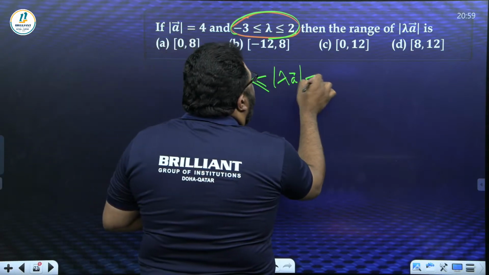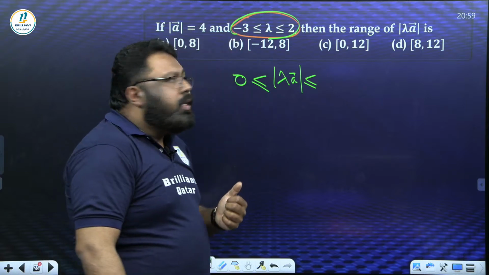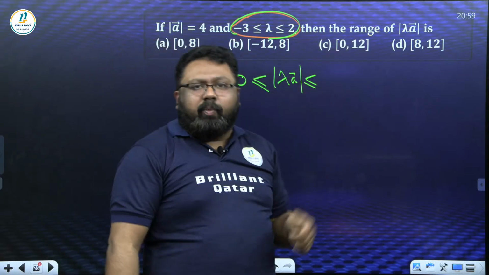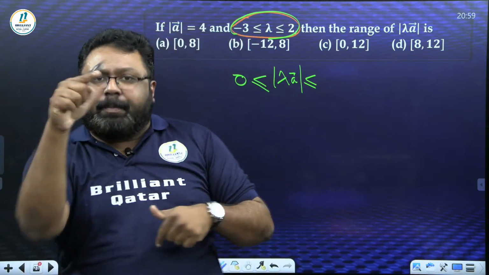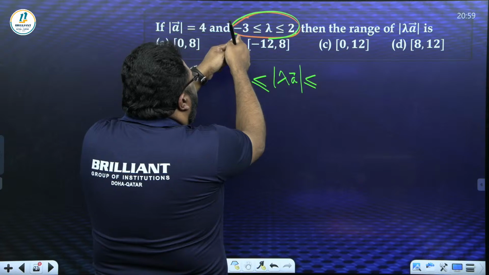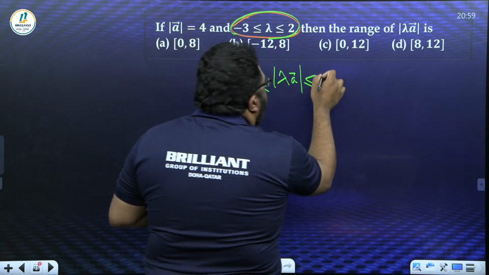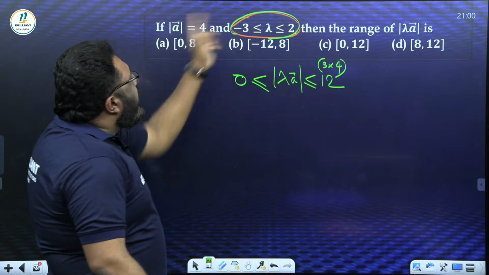And what is going to be the highest value? Because I only consider positive terms, this minus 3 goes inside the vector and magnitude is going to square minus 3 and comes out as positive. So I can say this is going to be positive 3 into 4, which is 12. 3 into 4, my dears. Remember, 2 into 4 is only 8.